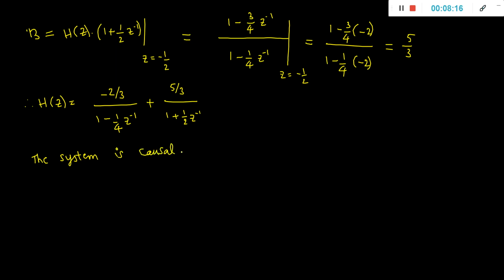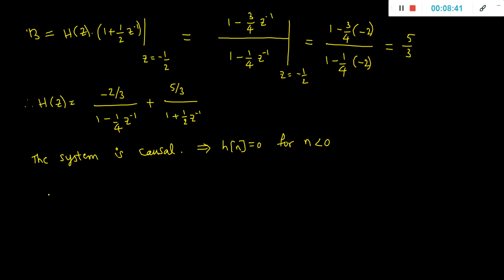It is given that the system is causal, which means that the value of h of n is equal to 0 for all negative values of n. So if I take the inverse z transform here, it cannot lead to a negative sided sequence or left sided sequence. So I need to get h of n, which is a right sided sequence.